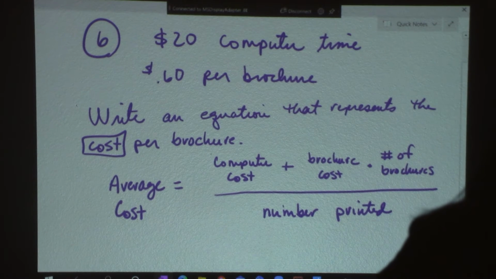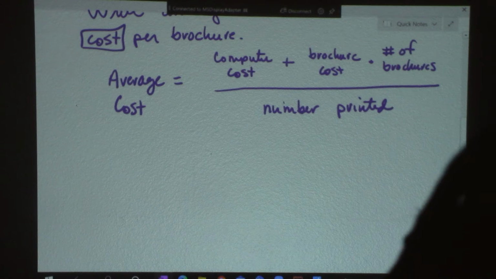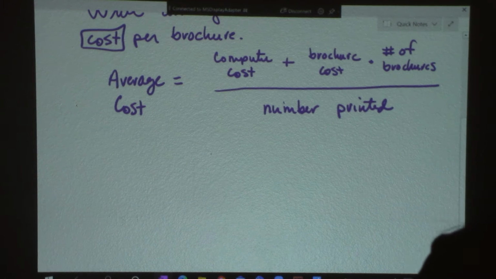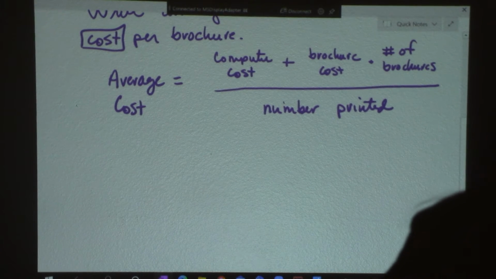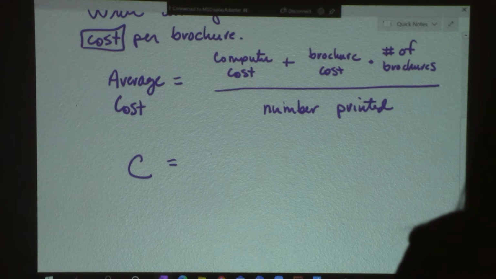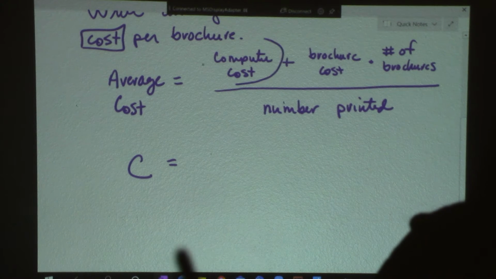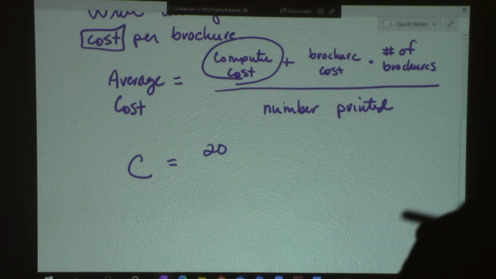Okay? So now that we have our verbal model, or my model using words, I'm going to change it into math. So my average cost is C, and I'm going to put numbers in where I can. And I know my computer cost is going to be $20. It's always $20.